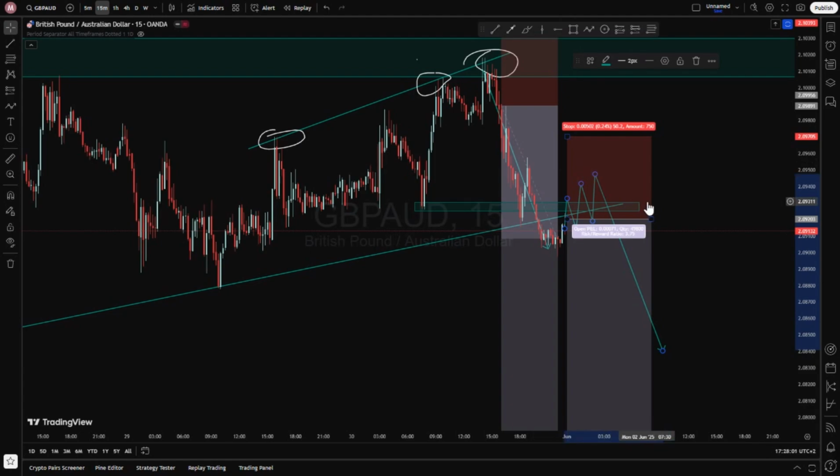So the best thing to do on this pair is to wait. Don't just enter immediately when the market opens. You need to wait and see what we are having in the market.